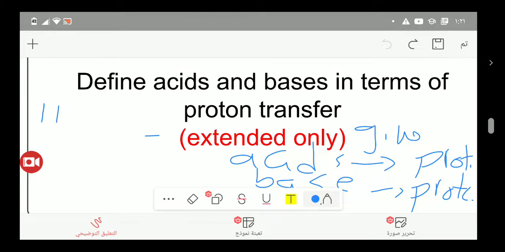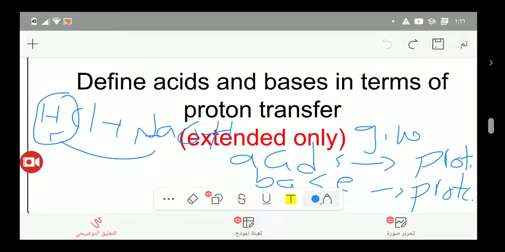After the reaction of HCl, hydrogen chloride, an acid, plus NaOH, a base, I said that the metal always replaces the hydrogen. So the acid will give hydrogen to the base and form H2O, plus NaCl.